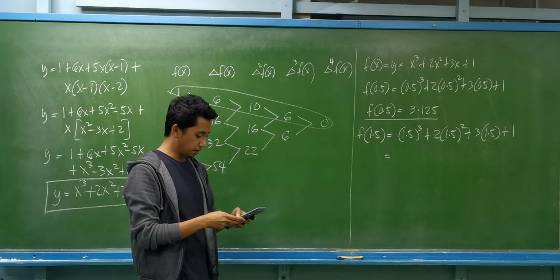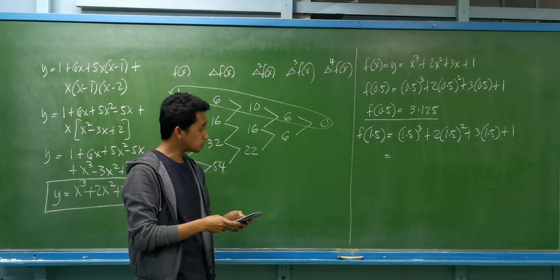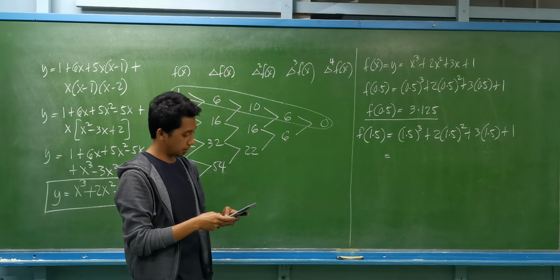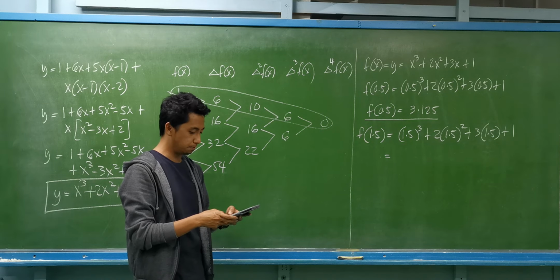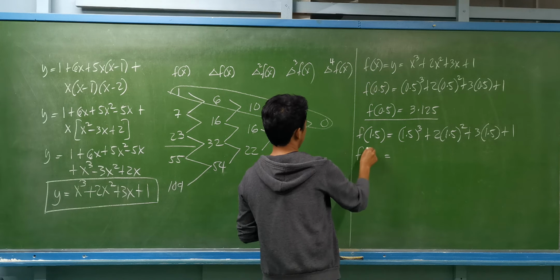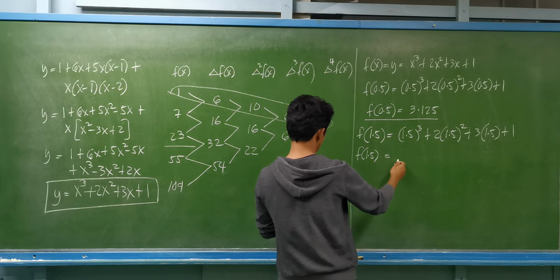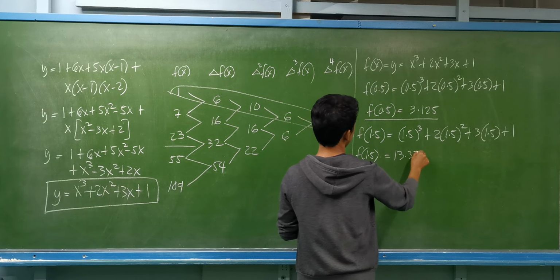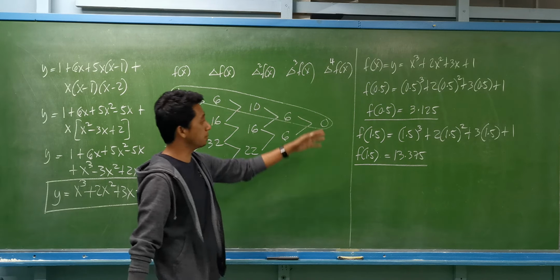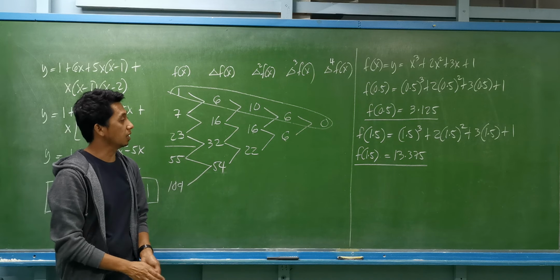That is 1.5 raised to 3, plus 2 times 1.5 squared, then plus 3 times 1.5 plus 1. And we have that value. We have f of 1.5 is now equal to 13.375. So those are the requirements, f of 0.5 and f of 1.5.